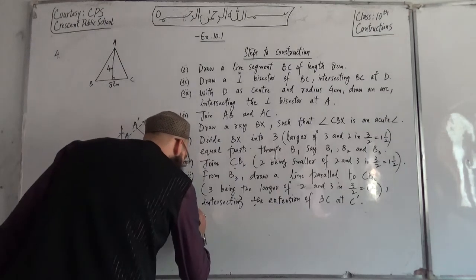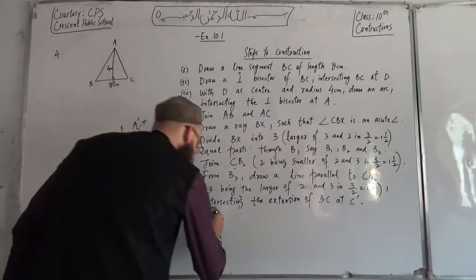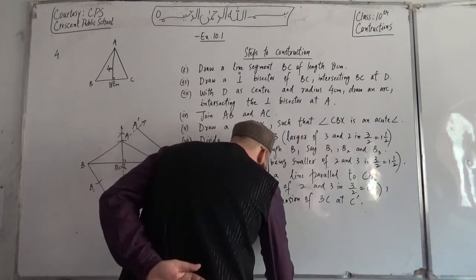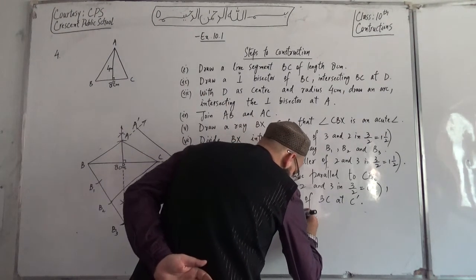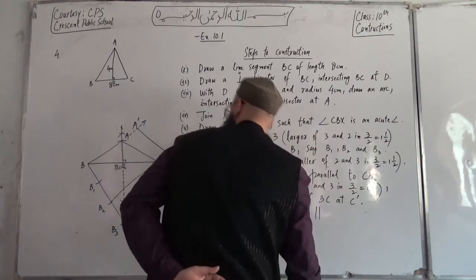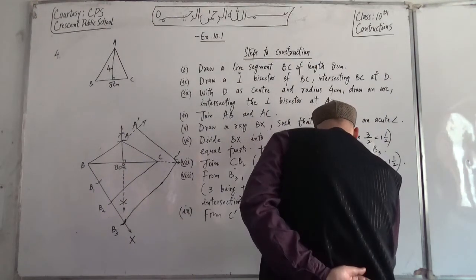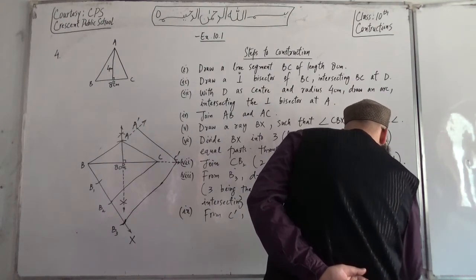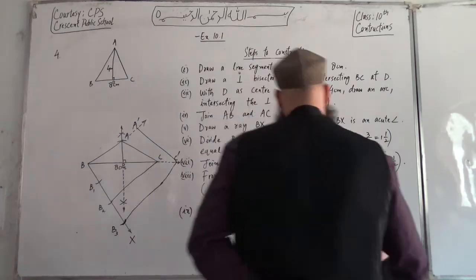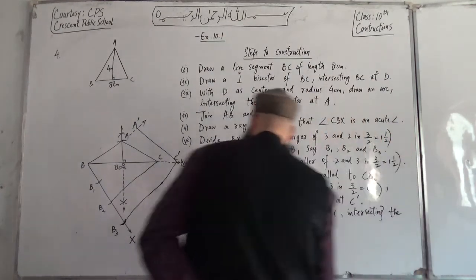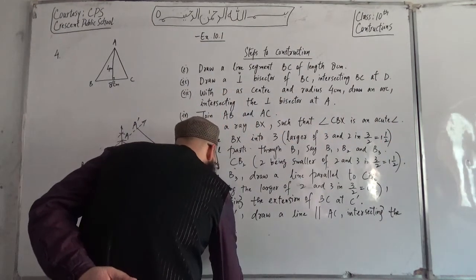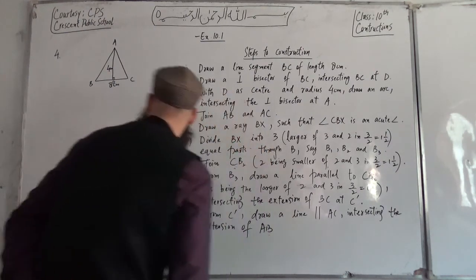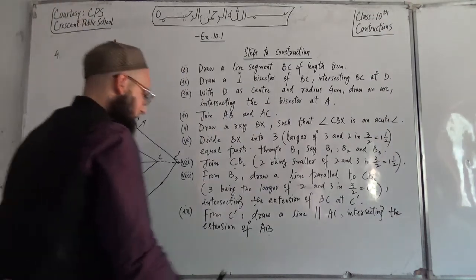Then the ninth step is from C dash draw a line parallel to AC intersecting the extension of AB at A dash.